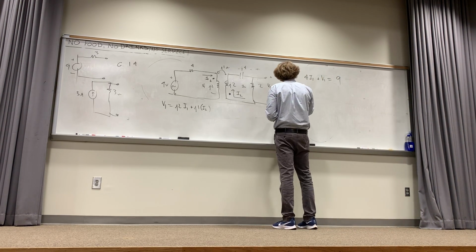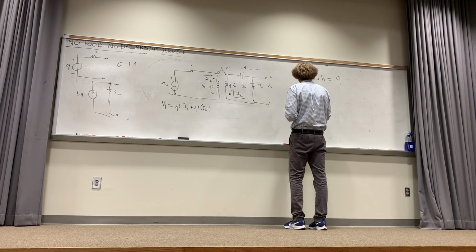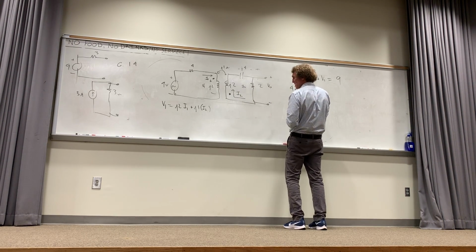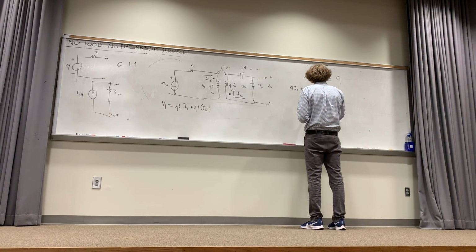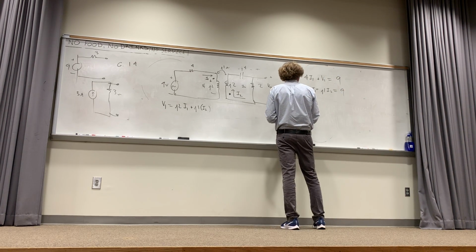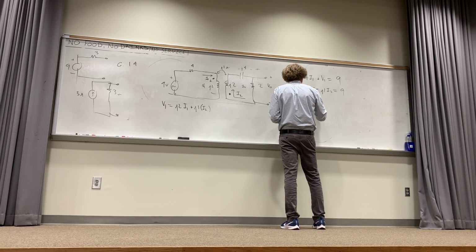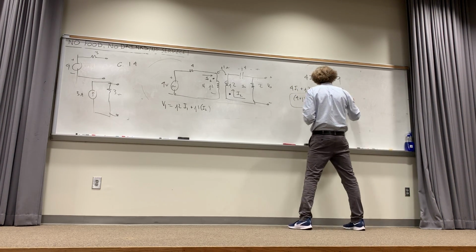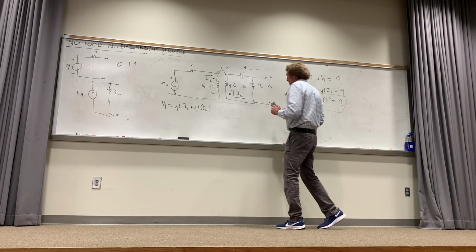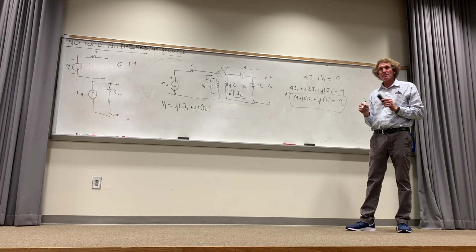So I got 4I1, right, plus V1, which is J2I1, plus J1I2 equal to 9, or combining things, I have 4 plus J2 I1 plus J1 times I2 equals 9. There's my first equation. Everybody got that? With me?